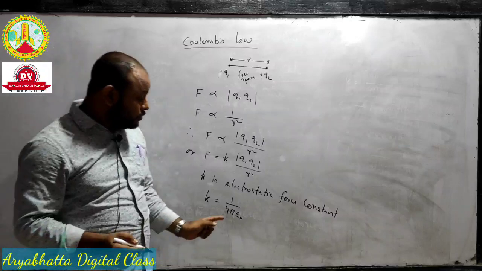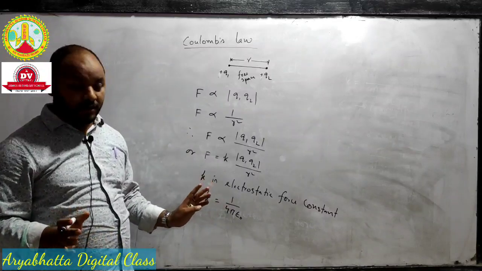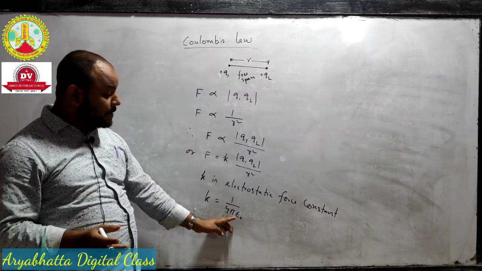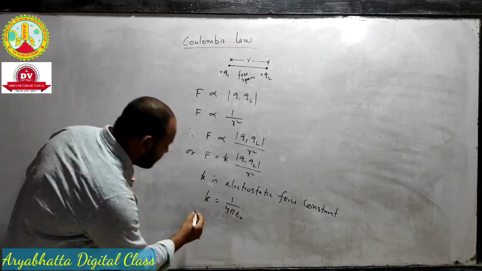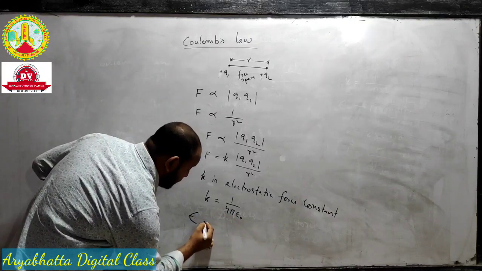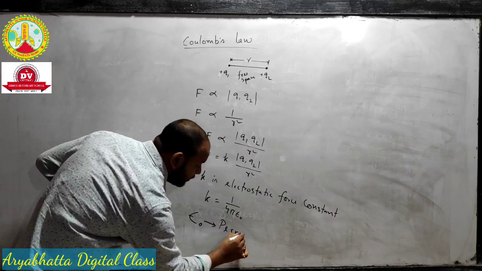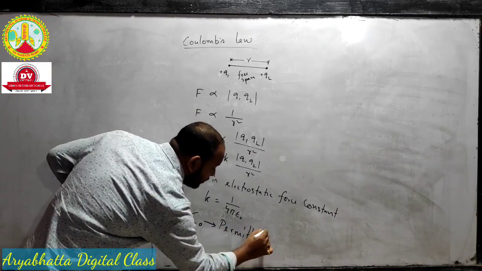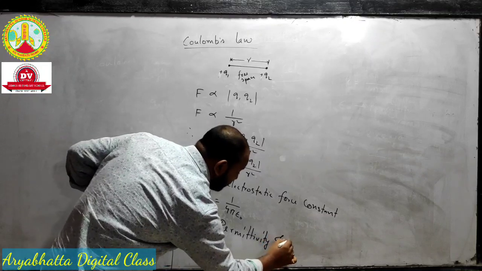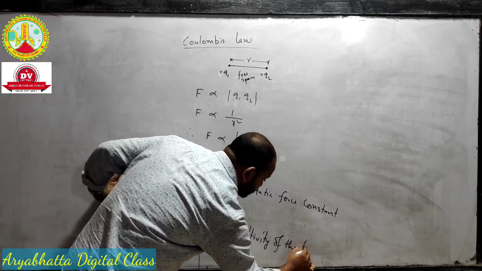1 by 4 pi is okay. But what is this term? This is epsilon naught. This term is known as the permittivity of free space.